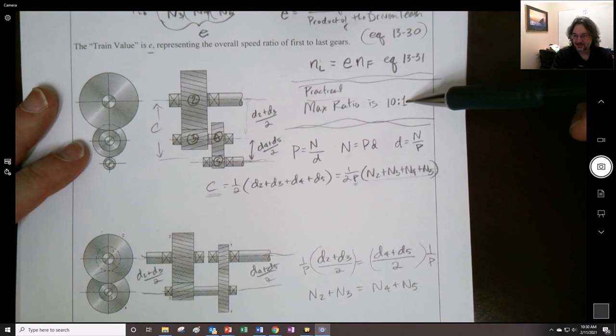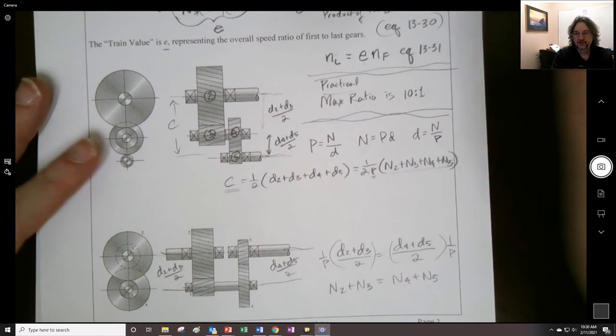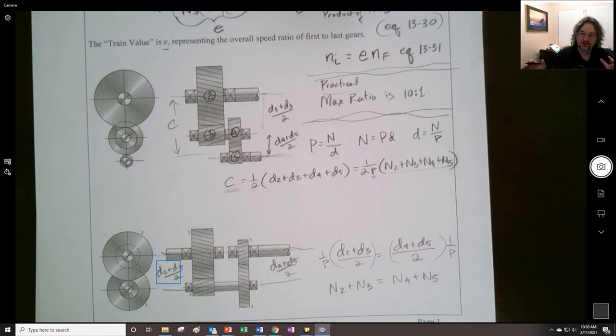We also have this 10-to-1 thing we have to keep in mind. That 10-to-1 also relates to interference, right? We saw the other day that on the low side, we don't want to have too few teeth, because that causes problems with interference. So that limits how small the pinion can be as well.